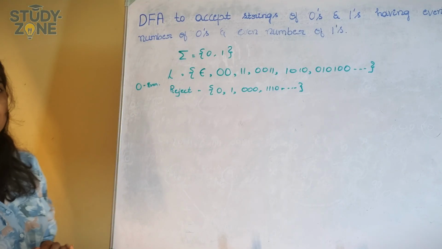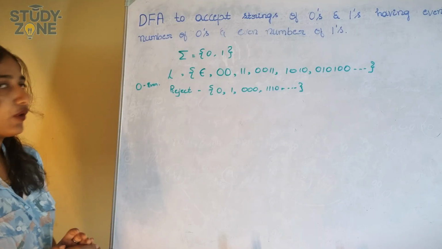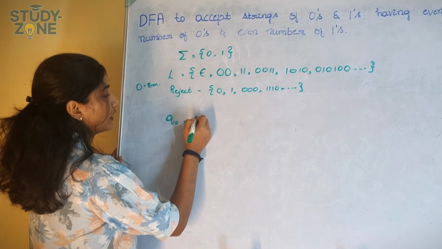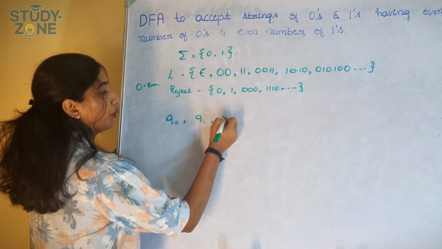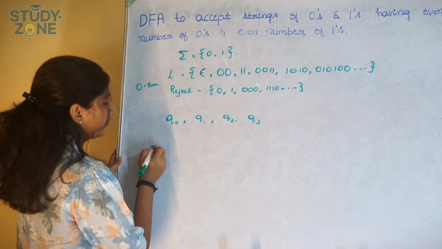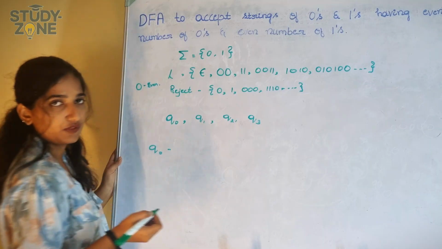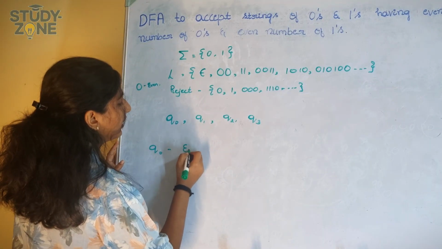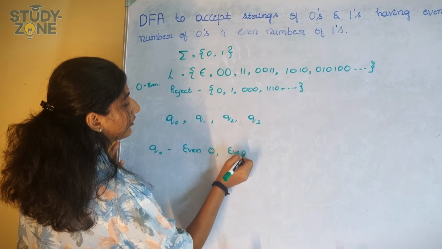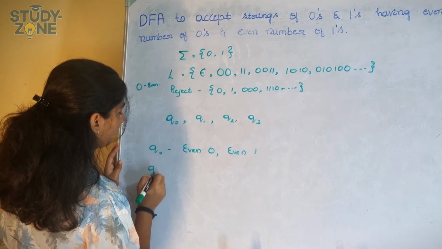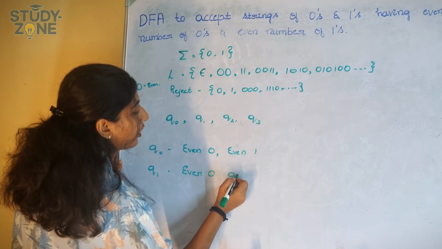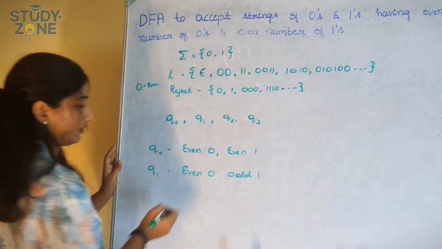Now how many states do we need? We need 4 states. I will tell you why we need 4 states: Q0, Q1, Q2 and Q3. Why? Because Q0 is the state which is going to accept even 0, even 1. Q1 is the state which is going to accept even 0, odd 1.